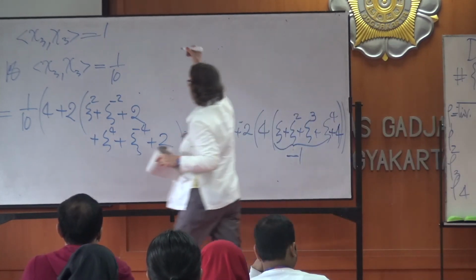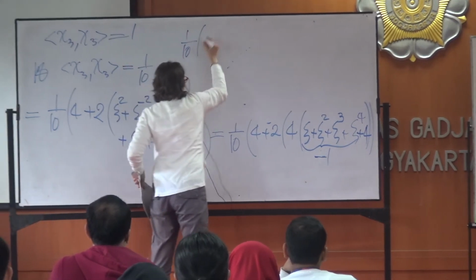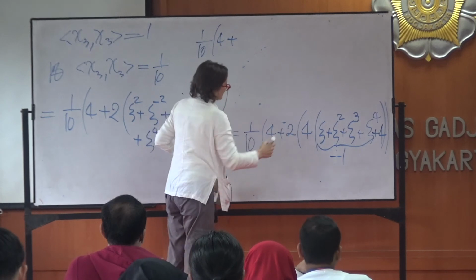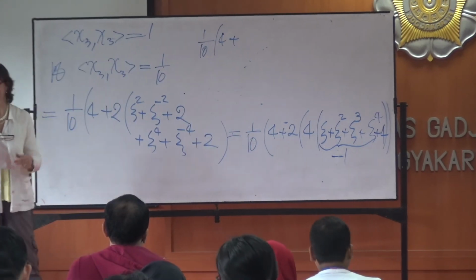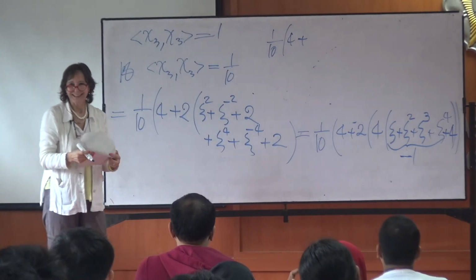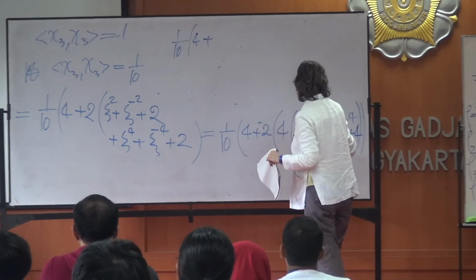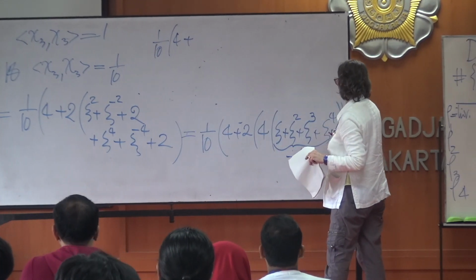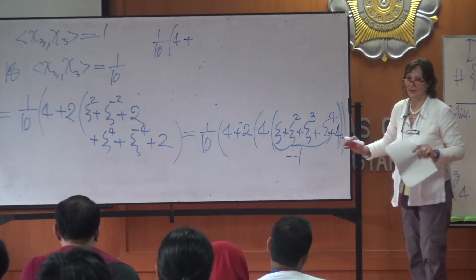I have 1 over 10. I don't want to go over time, but I should get 1. Maybe try to figure it out, otherwise I'm late. Now I'm completely confused.